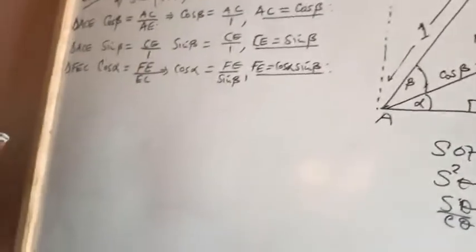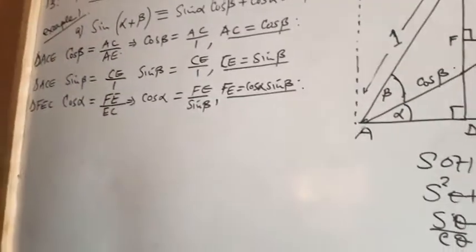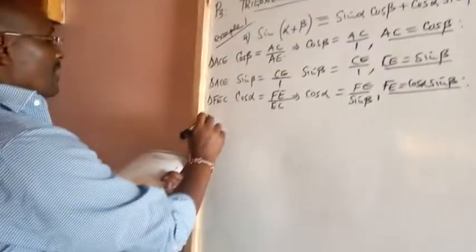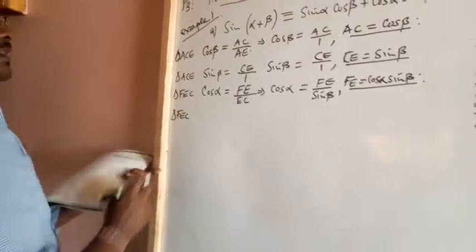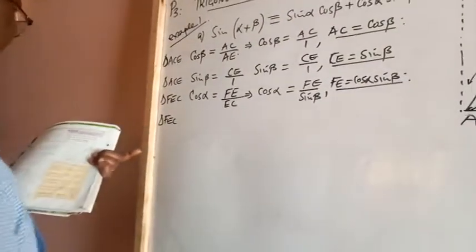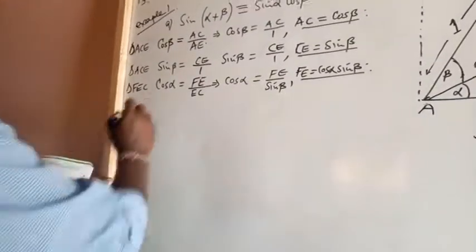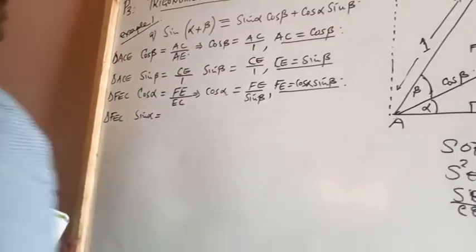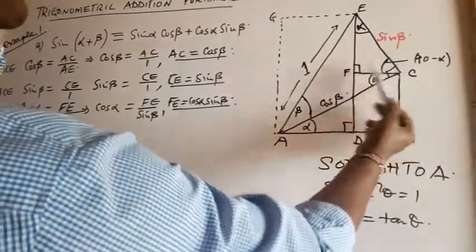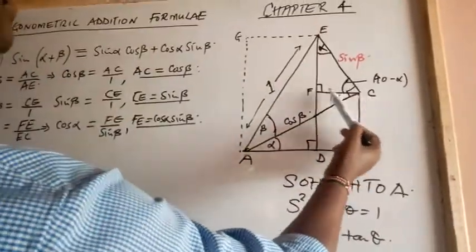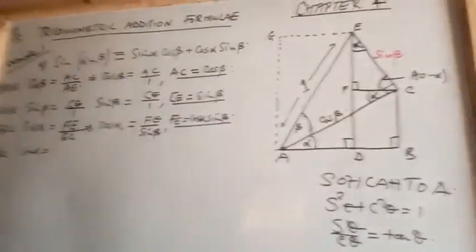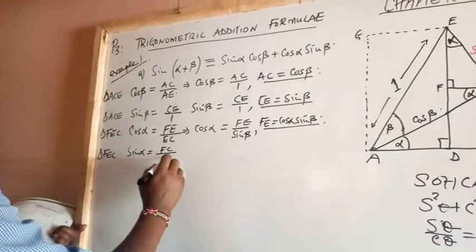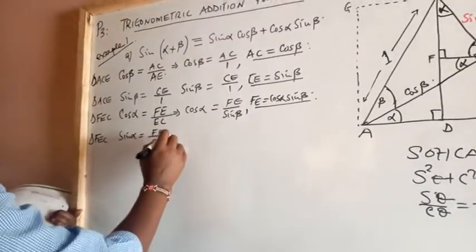Again, if we focus on triangle FEC, now we will talk about the sine of alpha. The sine of the same angle alpha is opposite, which is FC, over the hypotenuse, which is EC.